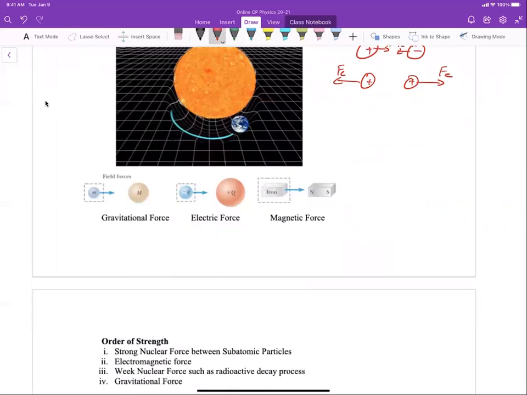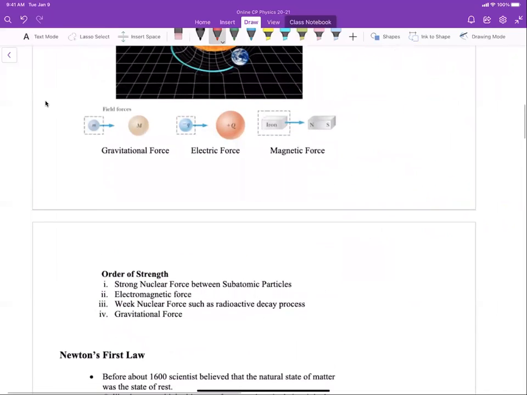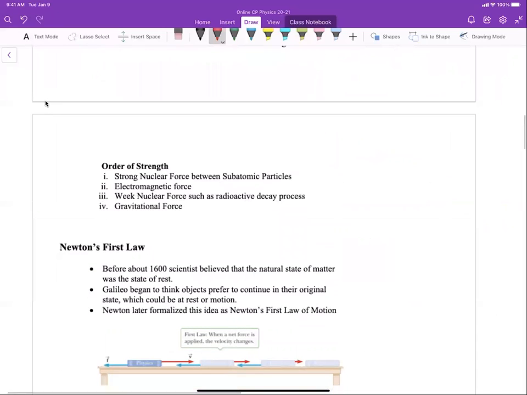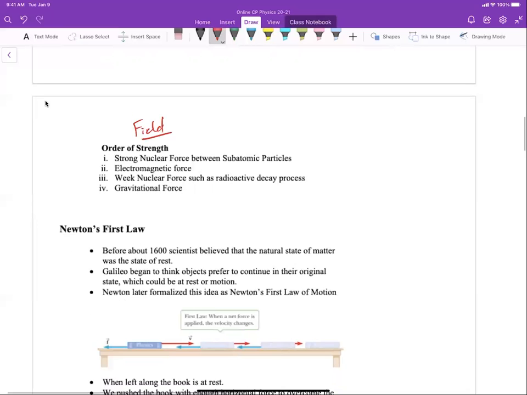There's different types of forces, like I said, and in the field forces, there's an order of strength. The strongest is the nuclear force between subatomic particles, then the electromagnetic force, and then the weakest is gravitational force.